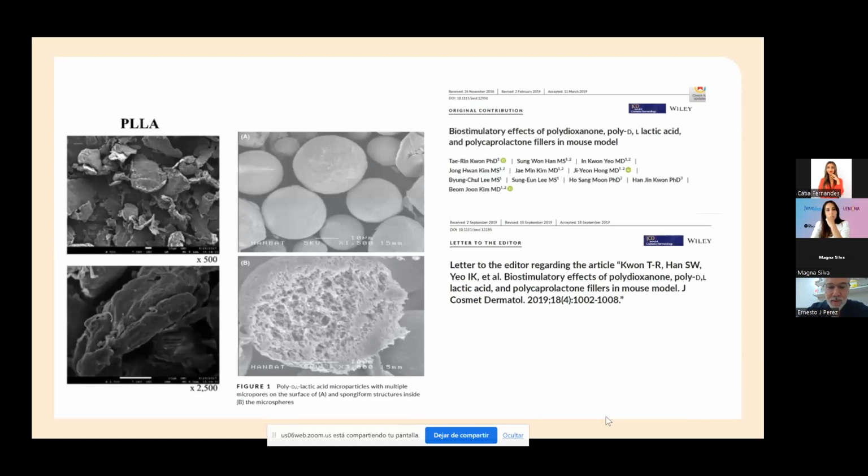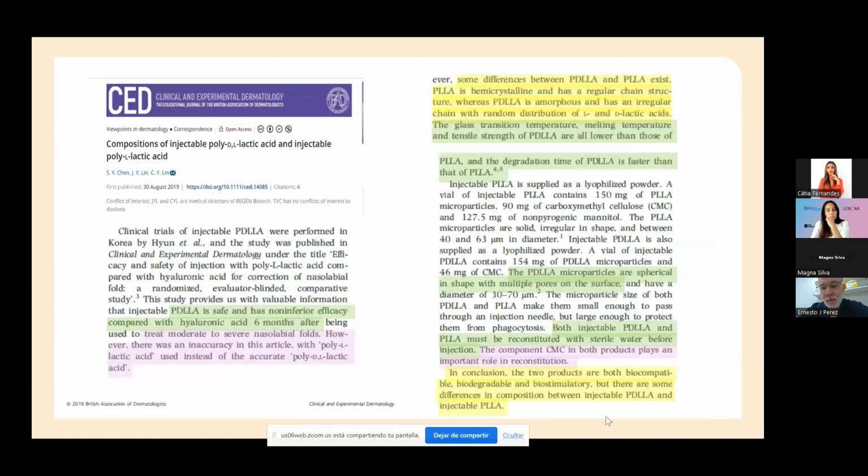So the difference has not been so clear until a few years ago. We had to study it in articles like this one in Clinical and Experimental Dermatology that shows us that PDLLA is safe and has non-inferior efficacy compared with hyaluronic acid to treat nasolabial folds and so on.